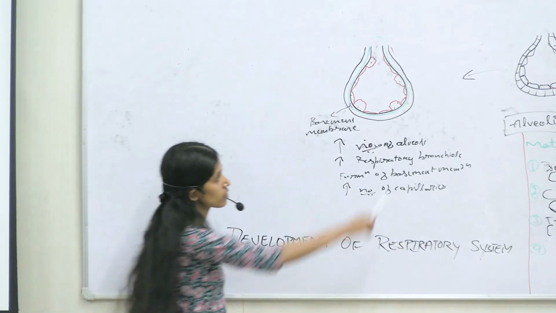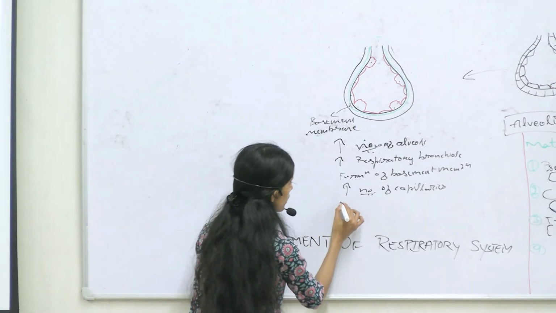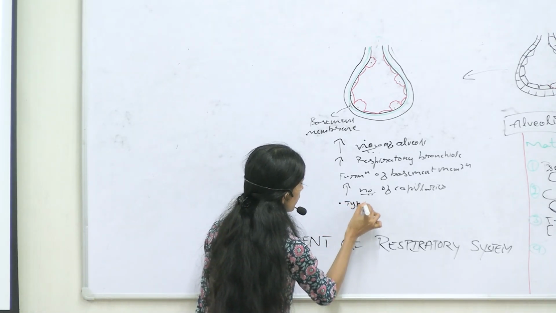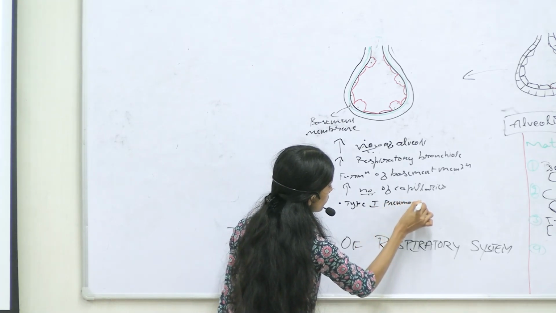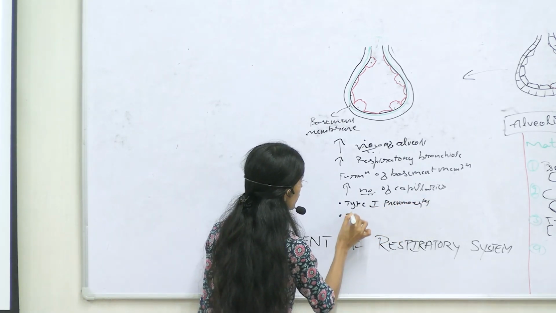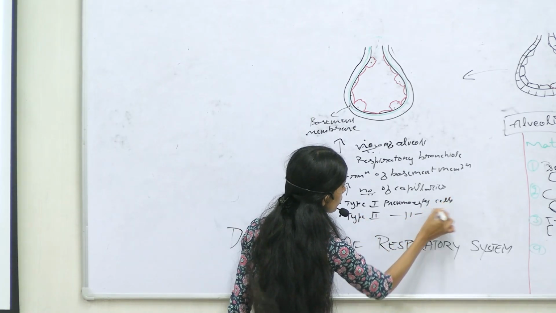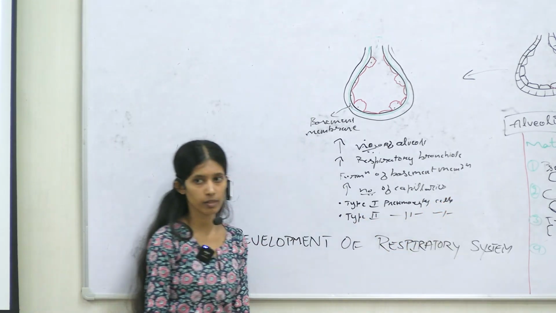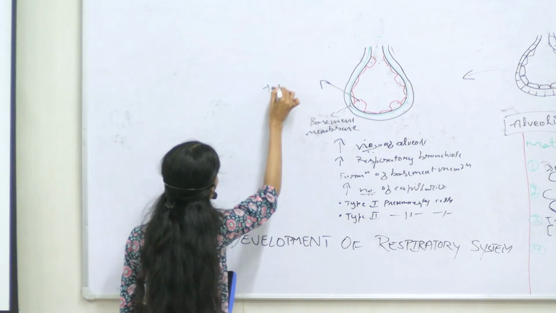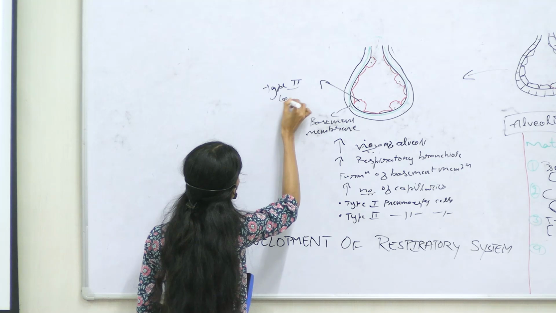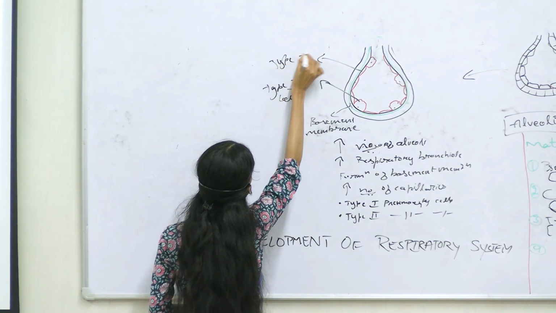Okay. In this stage, we have only seen the cuboidal cells. Here, the cuboidal cells are going to turn into type 1 pneumocyte cells and type 2 pneumocyte cells. Okay. Now, this is the type 2 cell and this is the type 1 cell.